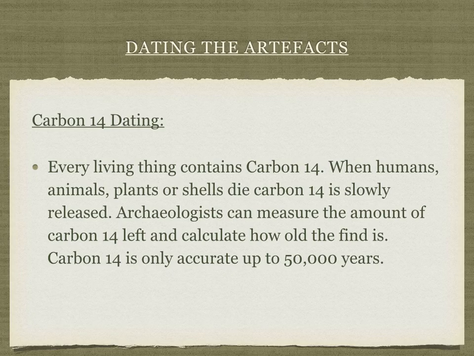So archaeologists measure the amount of carbon-14 that's left and they can calculate how old the thing they found is. Now carbon-14 is only accurate up to 50,000 years because once you go past 50,000 years, the living thing has usually shed or expelled or released all its carbon.